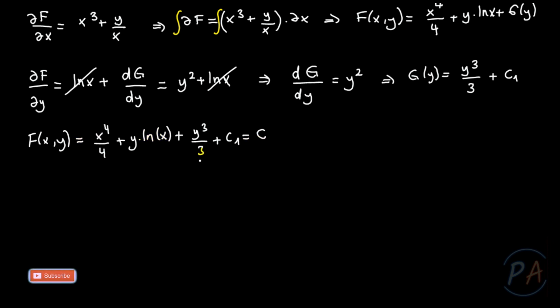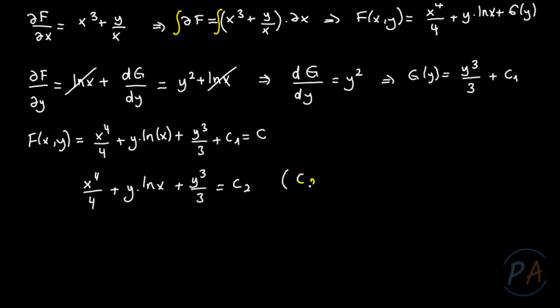This equation can be written as x to the power 4 over 4 plus y times ln of x plus y cubed over 3 equals c2. Here c2 equals c minus c1. That is the solution.